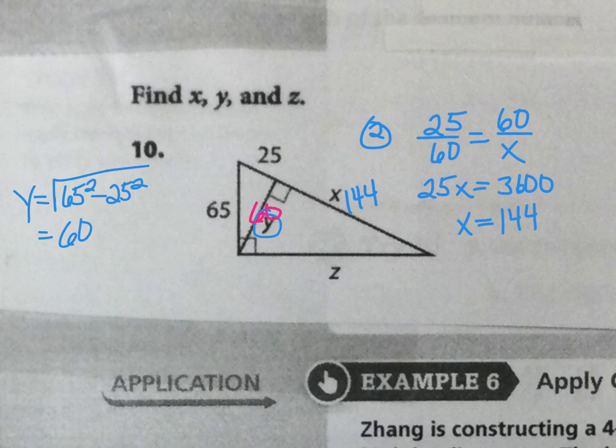Then I can use the Pythagorean theorem for z: 60 squared plus 144 squared. And I get 156.